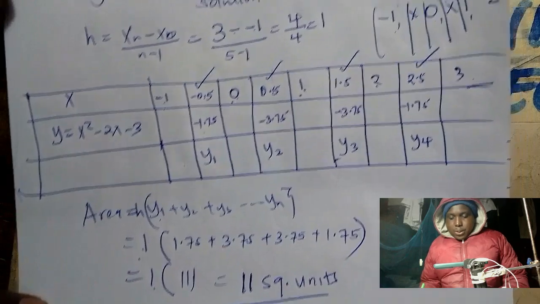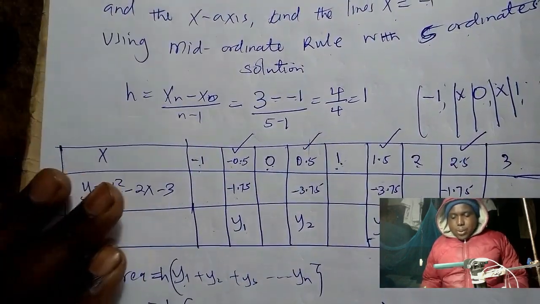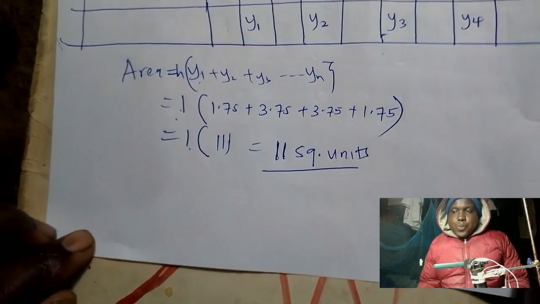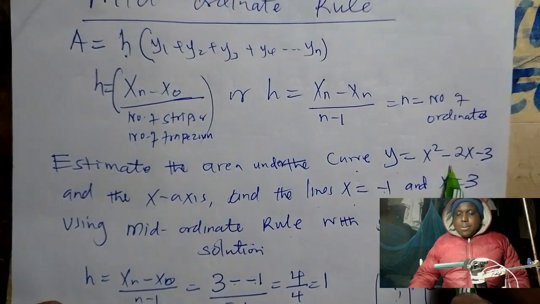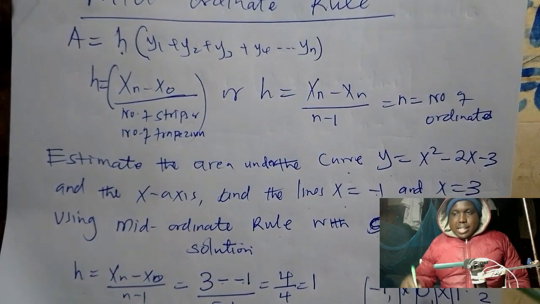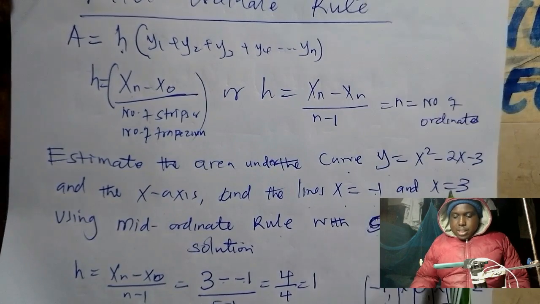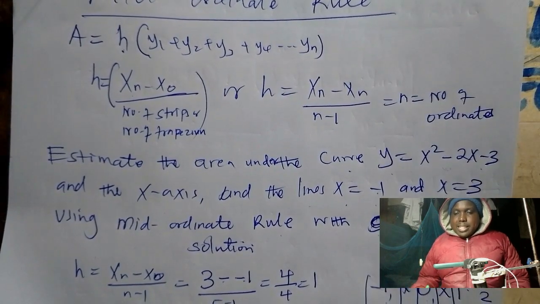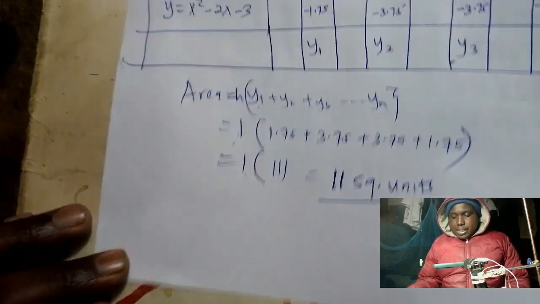11 square units. So once you have calculated this one, now you can get the percentage error. You can be asked to calculate the actual area of this curve. The actual area is obtained by integration. So you integrate and get the area from negative this to this. So to get the percentage error, now there you will do, if you know how to do the percentage error.